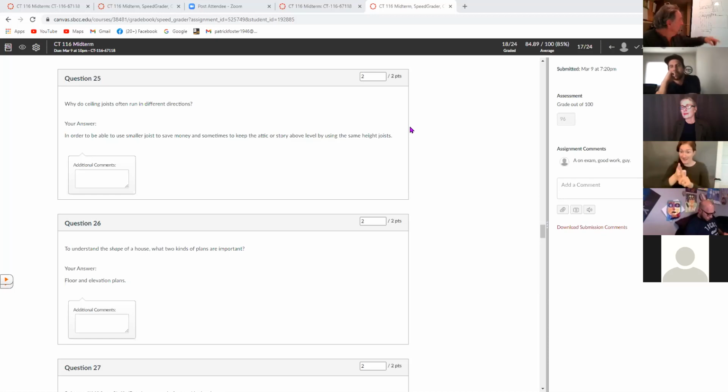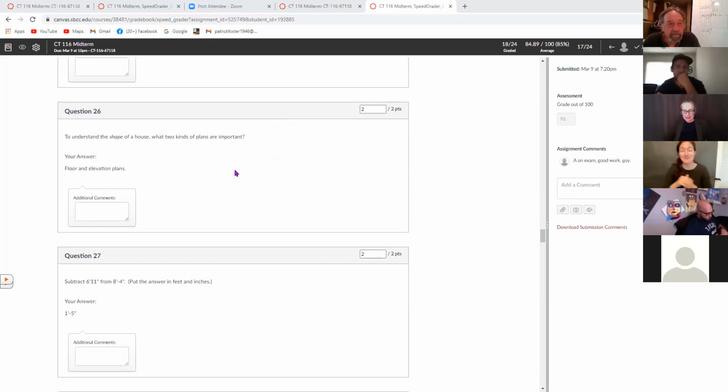So all the rooms around, the joists could be running different ways because they're trying to go across the narrow part of the room. That's what this question says, in order to be able to use smaller joists to save money and sometimes to keep the attic. Okay. All right, we're going to move on.